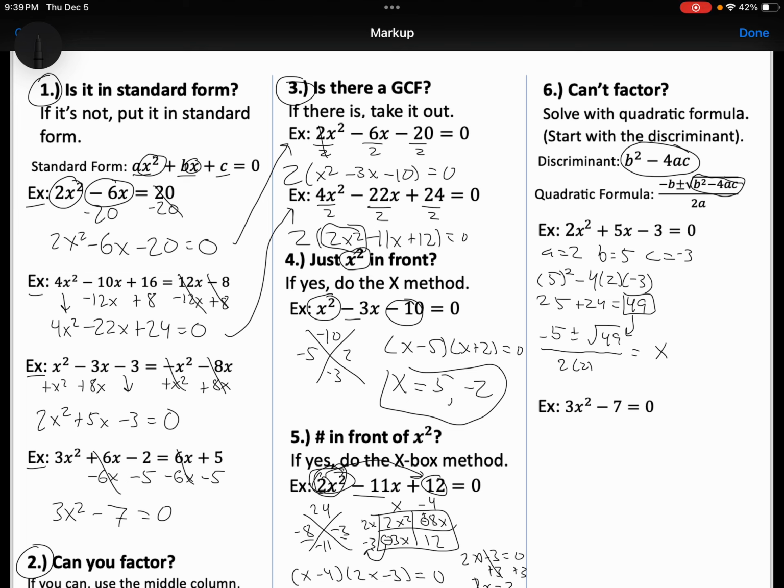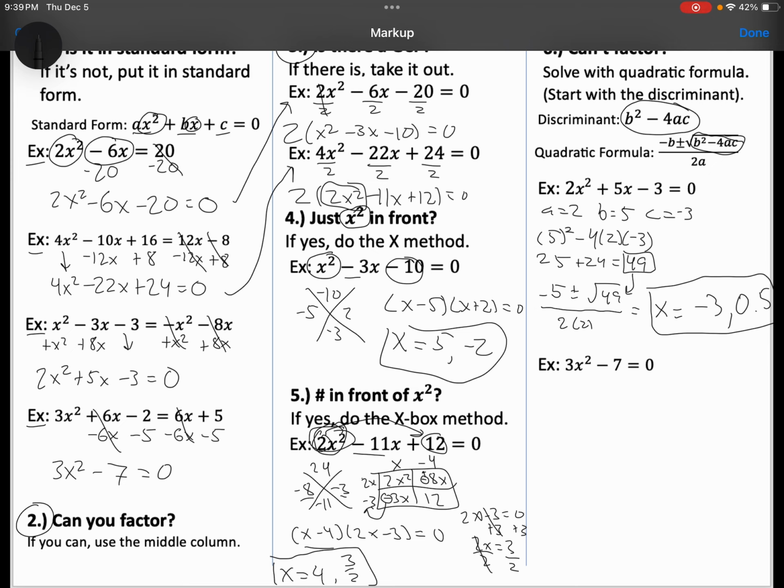I would just put it into my calculator, negative 5 plus or minus the square root of 49 divided by 2 times 2. Once you put those into your calculator, we should get that x is going to be equal to -3 and 0.5. Those are the two answers that we get when we put this into our calculator.